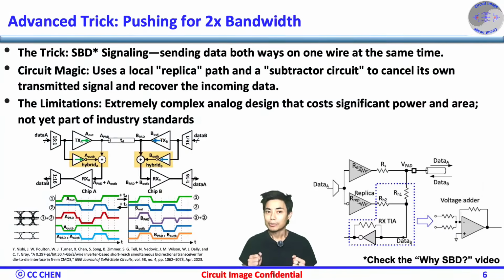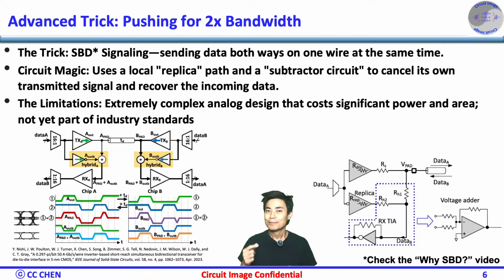To push bandwidth without more wires, simultaneous bidirectional SBD signaling sends data both directions on the same wire at the same time. Each transmitter also drives an inverted replica locally, and the receiver subtracts its own outgoing replica from the mixed line signal to recover the far-end data.